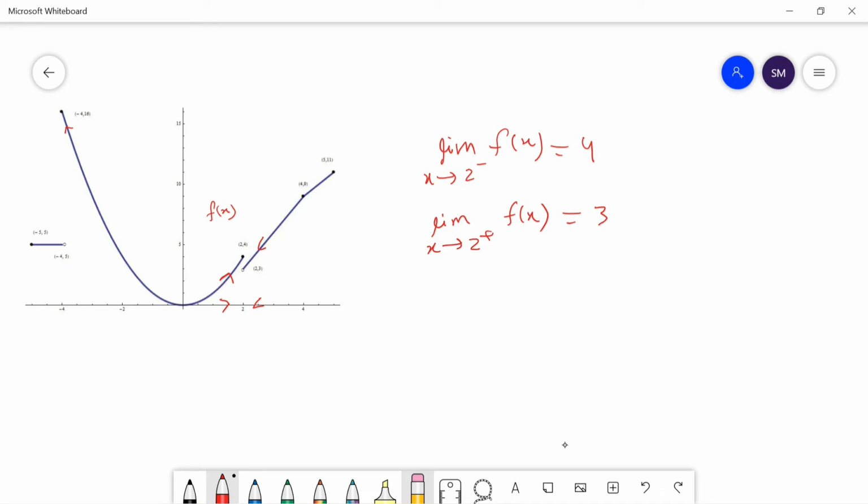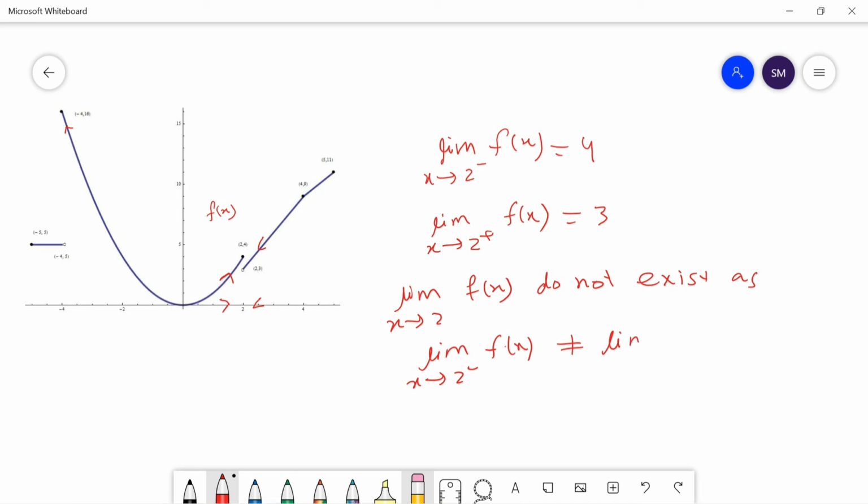So limit x tends to 2 f of x does not exist, as limit x tends to 2 minus f of x is not equal to limit x tends to 2 plus f of x.